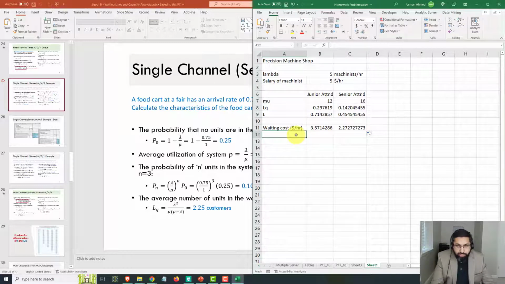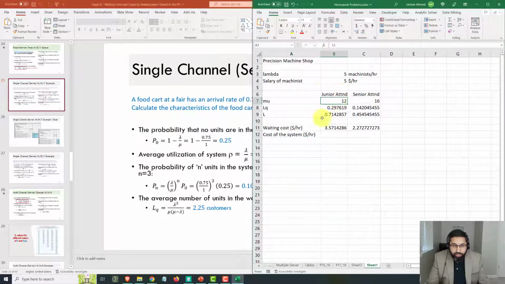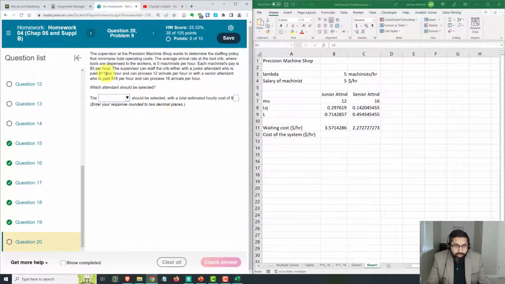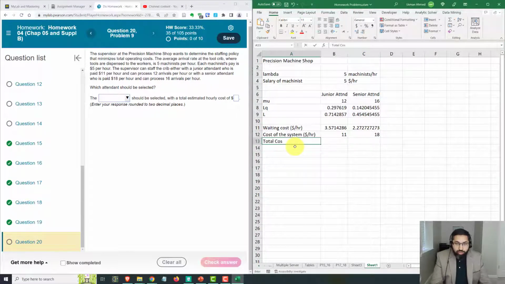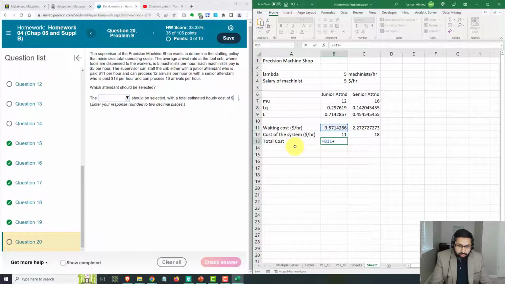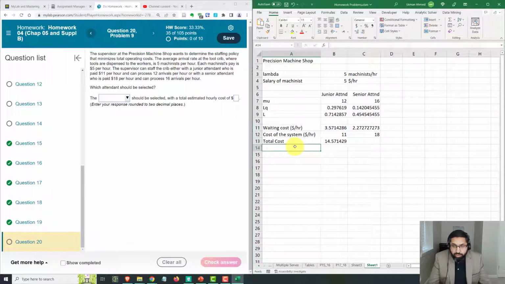Now we also have the cost of the serving system in dollars per hour, and that is simply the salary of the junior attendant and the senior attendant. For the junior attendant, the salary is $11 per hour, and for the senior attendant, the salary is $18 per hour. So the total cost will be waiting cost plus the cost to provide the service.